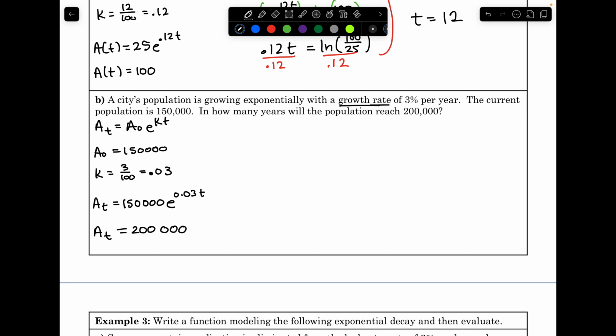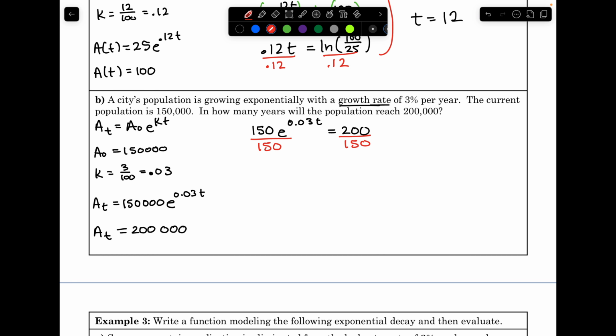So just like before, we're going to set up an equation. I'm just going to write 150 because I'm going to divide out the thousands parts, so I'm just going to do that already. 0.03t, and set it equal to 200,000. I'm ignoring the other three zeros because, remember, the first step is going to be to divide the 150 out from both sides.